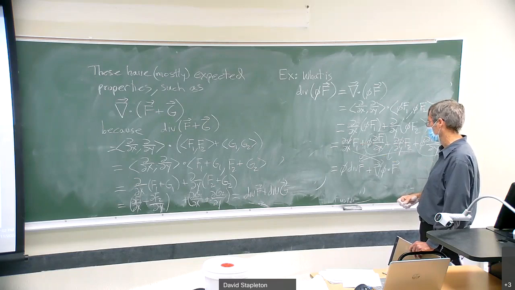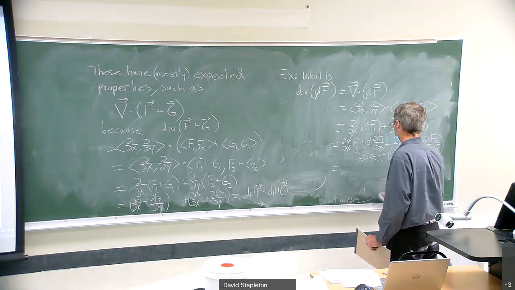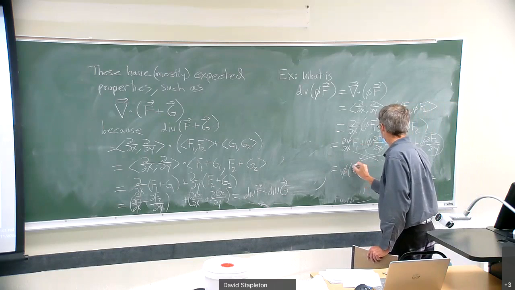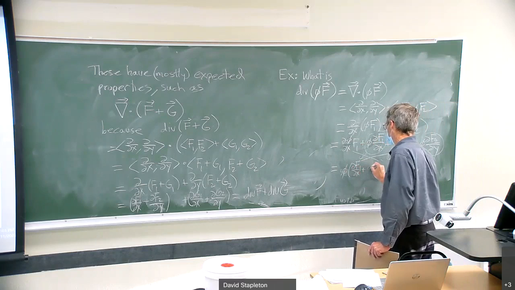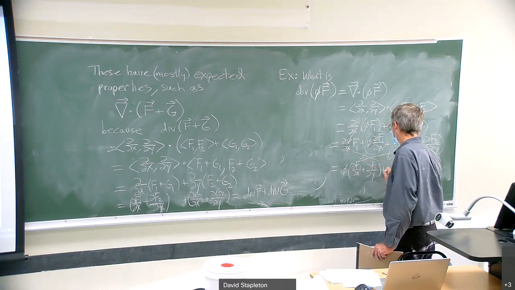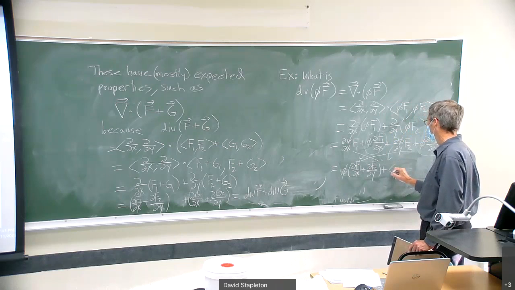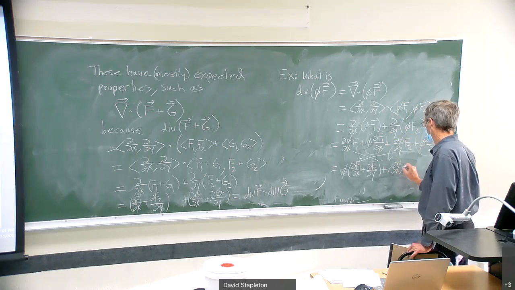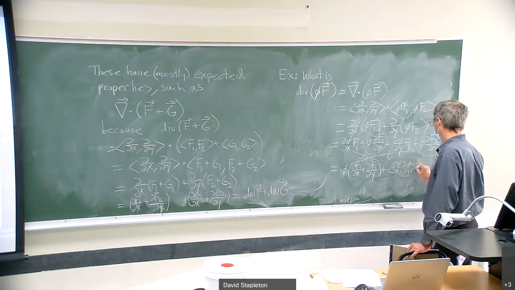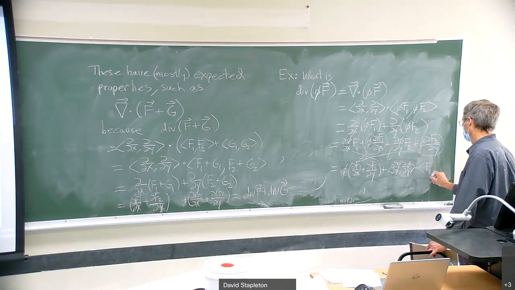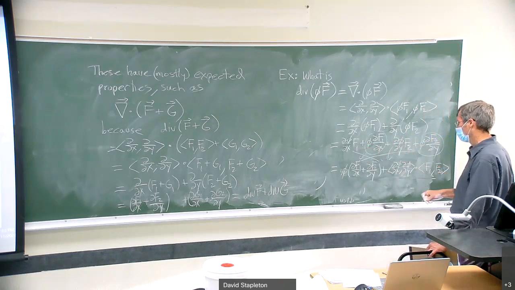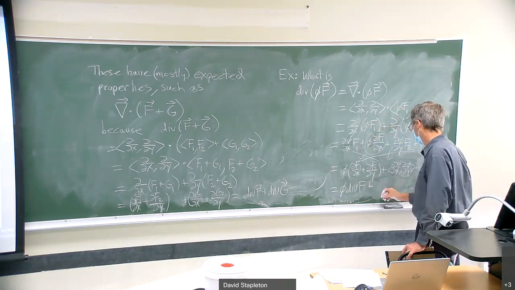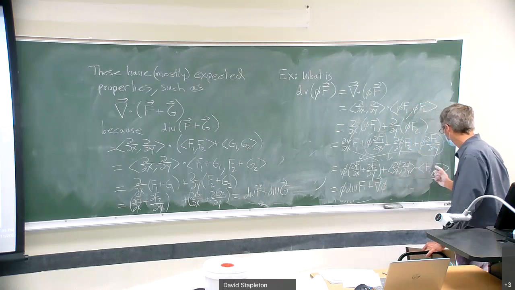So I take these two, phi times d f1 dx plus d f2 dy, plus d phi dx, d phi dy dot f1, f2, is these two terms, and now this is phi times divergence of f plus gradient phi dot f.